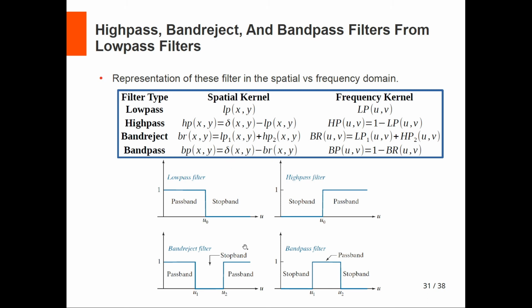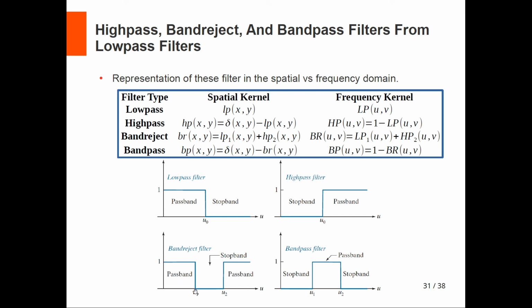So now let's just make it more complicated. What about the band reject filter? A band reject filter has two passbands. Any frequency that is below U1 or higher than U2 will be passed through the filter, and any frequency that is between U1 and U2 will be stopped. So now you can easily see that the band reject filter is basically a summation of a low pass and a high pass filter.